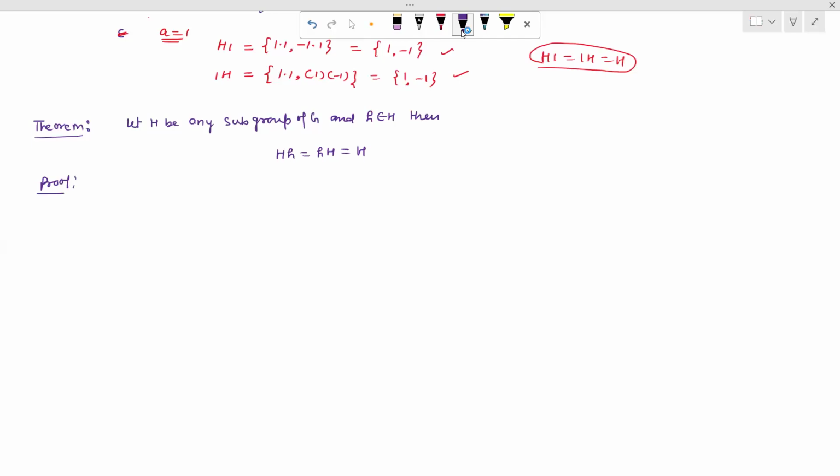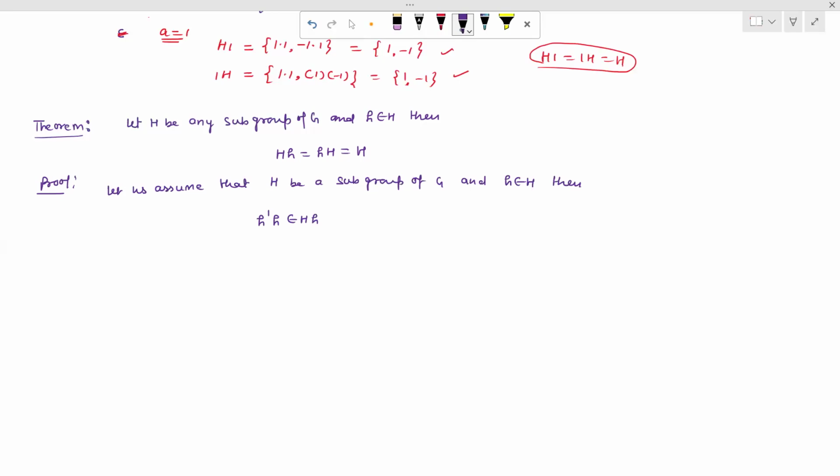For proving this theorem, let us assume that H is a subgroup of G, and small h belongs to H. Then h' into h belongs to Hh, meaning right coset.